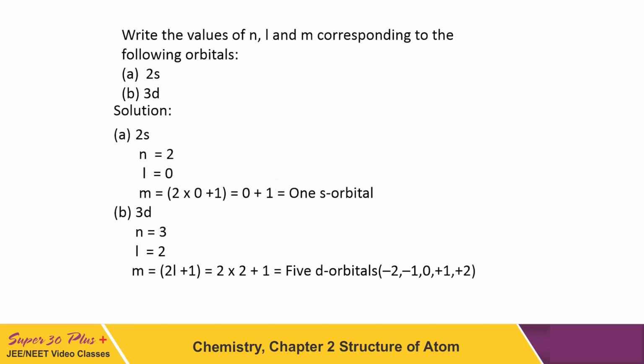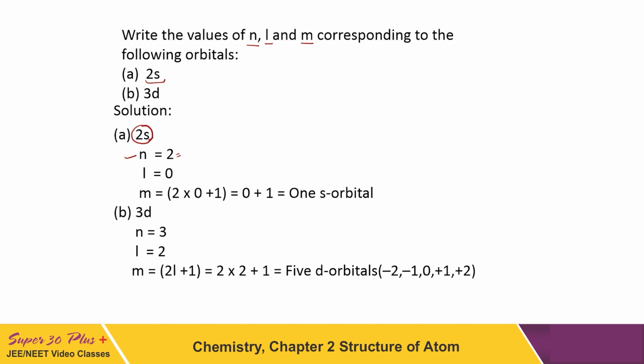Again, one question is there. Write down the values of n and l and also m corresponding to the following orbitals. If I say 2s, when I say 2s, the value of the principal quantum number is 2. I am talking about the second shell.